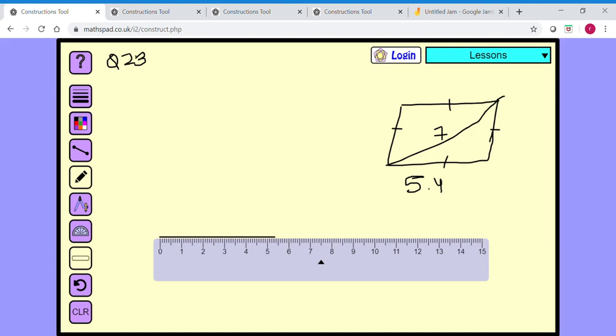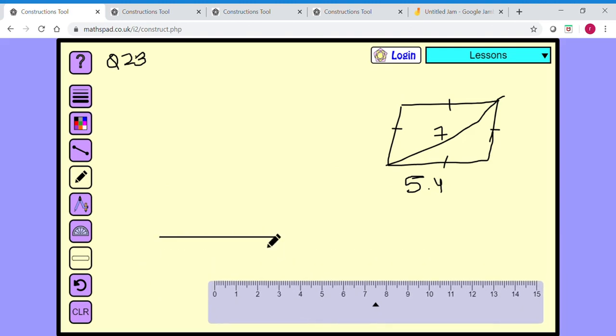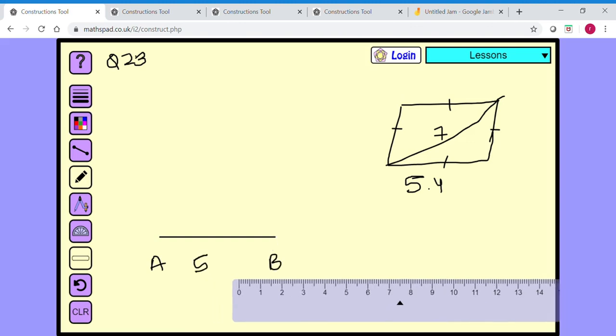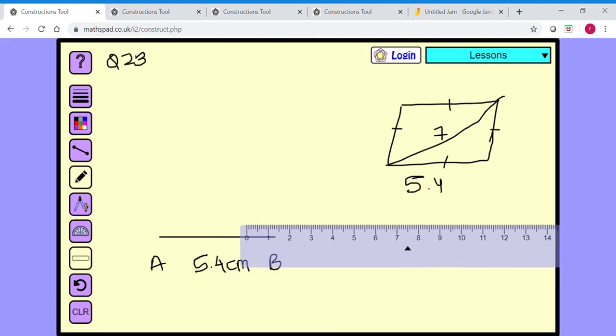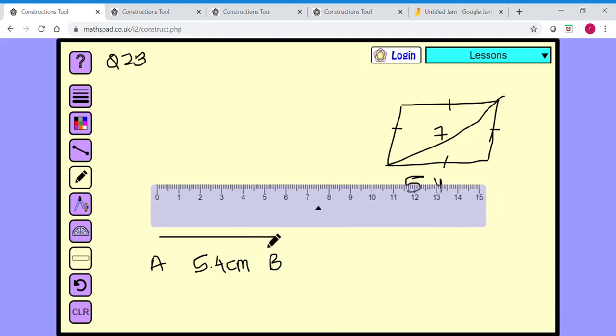So this is my first side of 5.4. Let's name this A and B. This is 5.4 centimeter. Now I need to find point C, which is 5.4 from B and 7 from A.